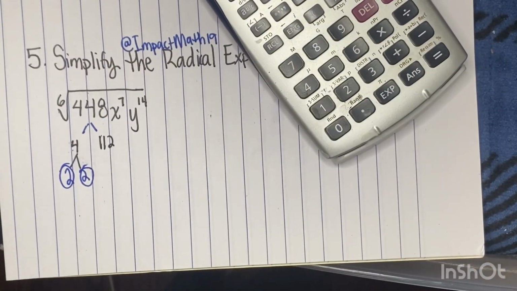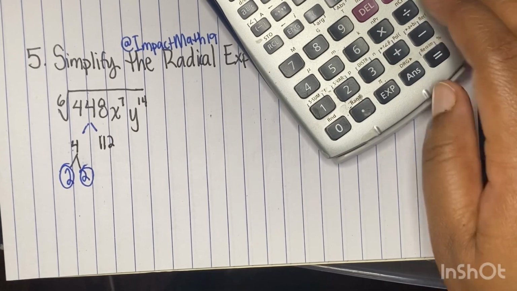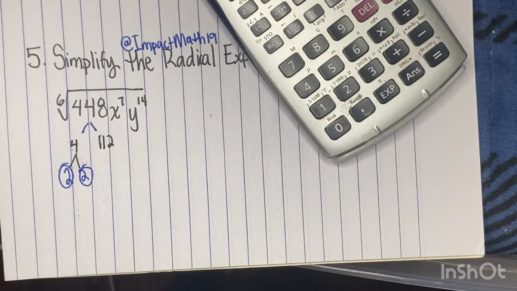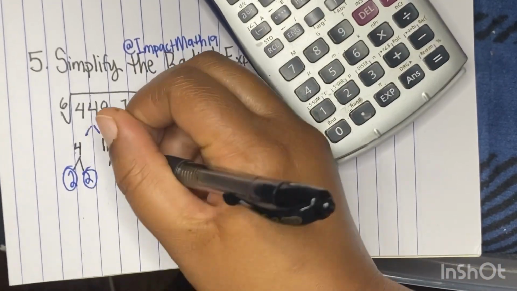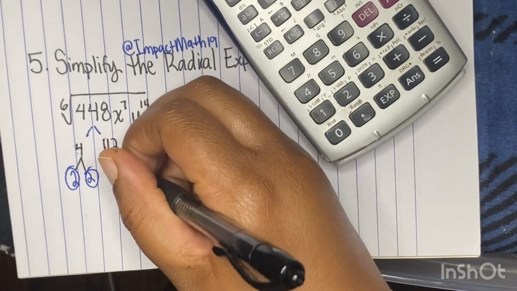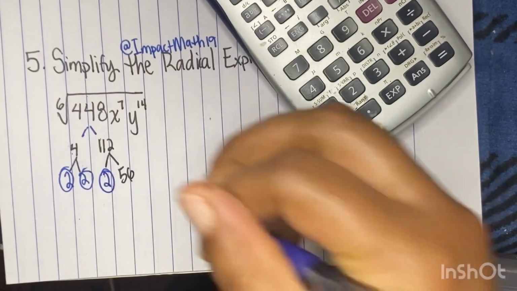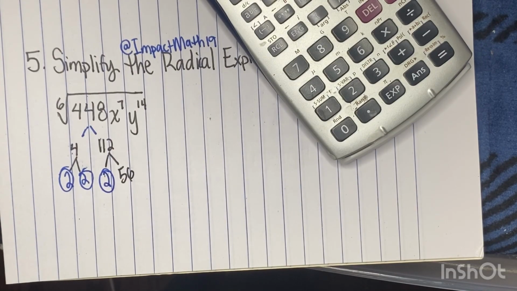And then we can ask ourselves, what times what gives us 112? Well, we can divide that by 2. And we get 2 times 56. Okay, so we have 2. And then we ask ourselves, what times what gives us 56?